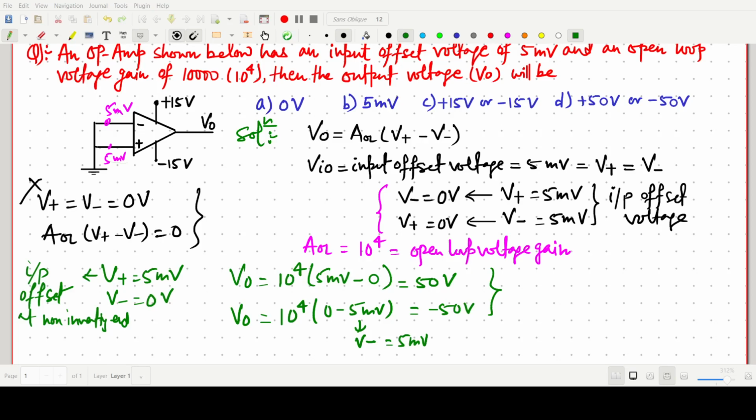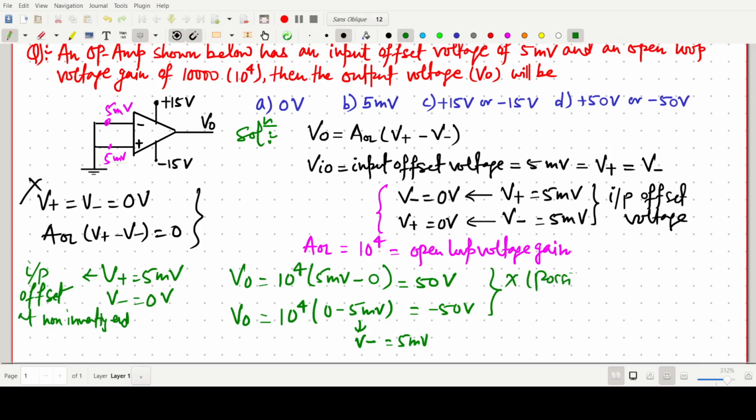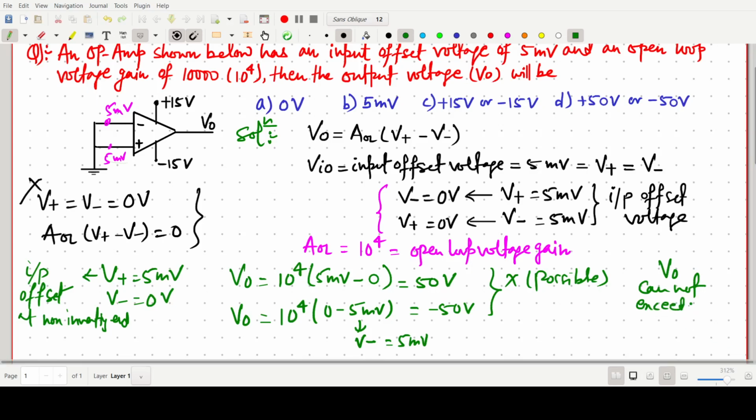So this value is in the options, but it can't be possible, because the output voltage cannot exceed plus or minus 15 volt.